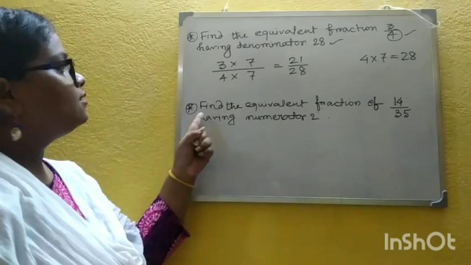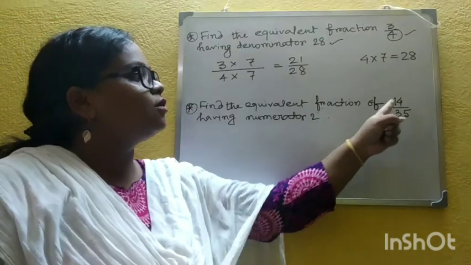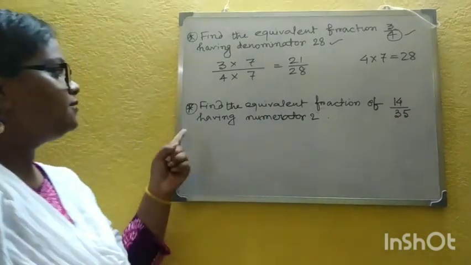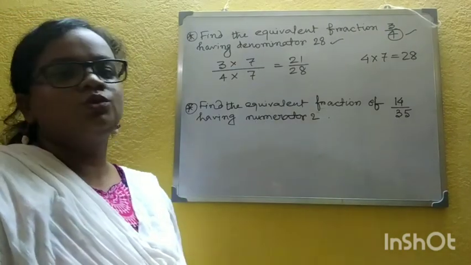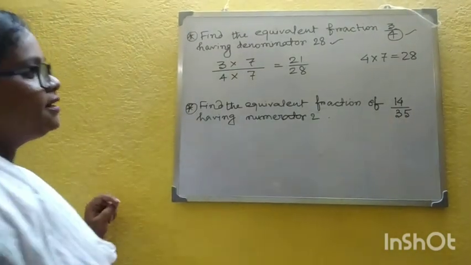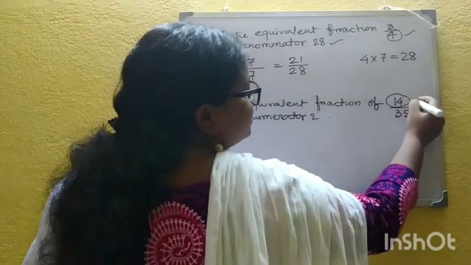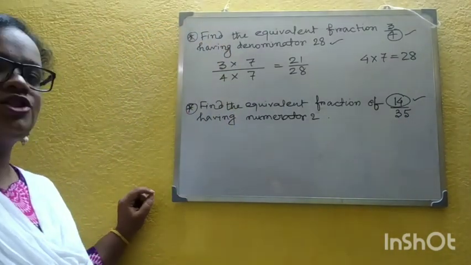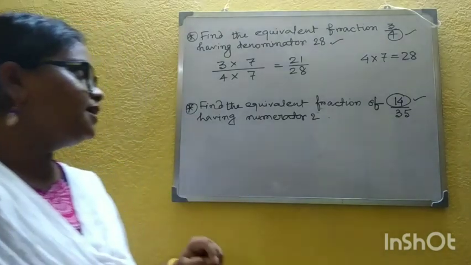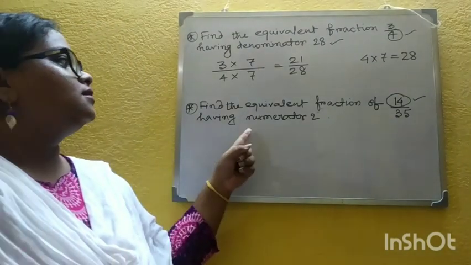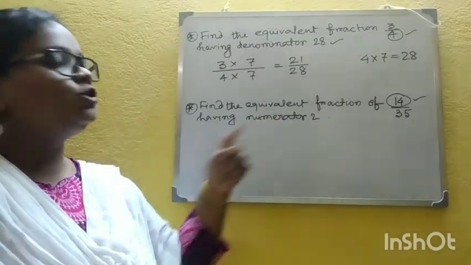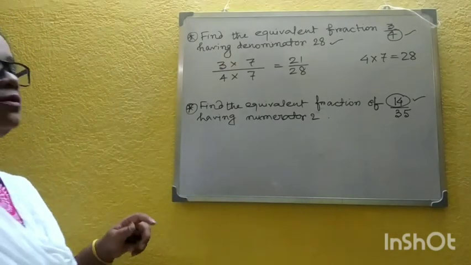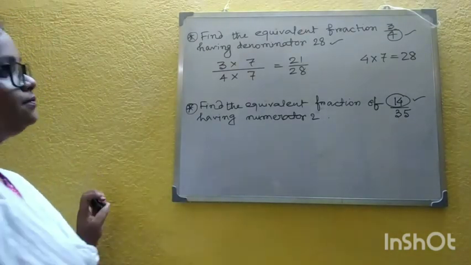Now here, find the equivalent fraction of 14 by 35 having numerator 2. Here the numerator is 14 and you will have to write an equivalent fraction of 14 by 35 which has the numerator 2. So what should we do here?